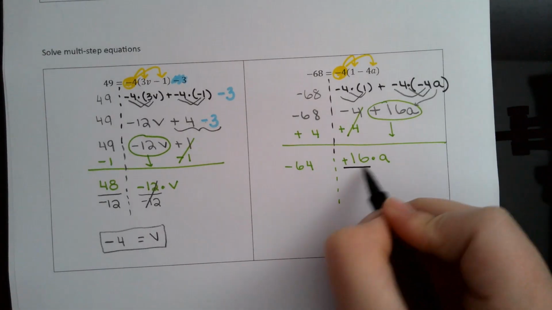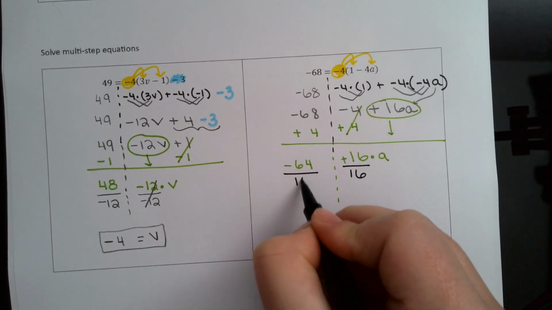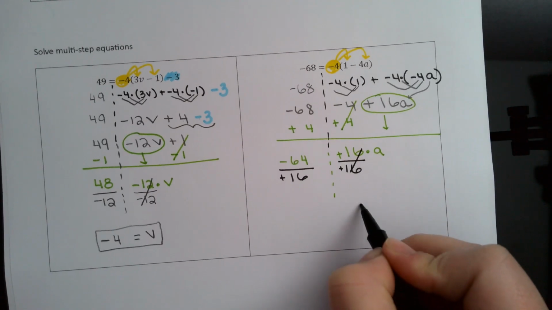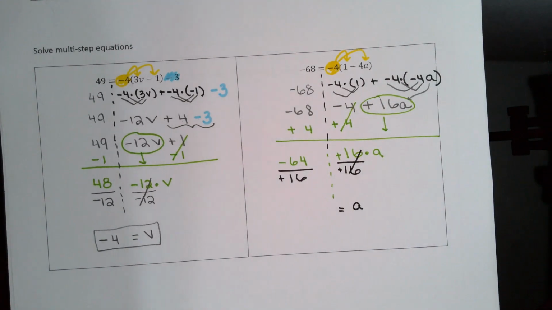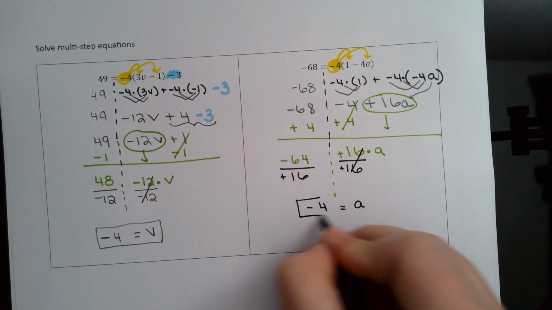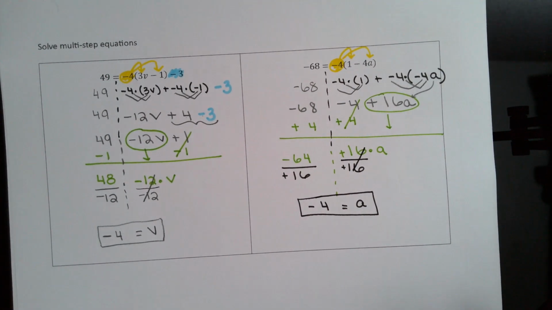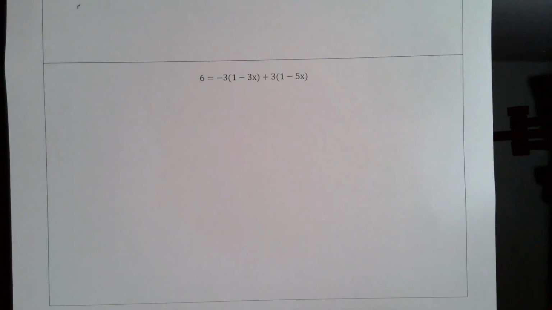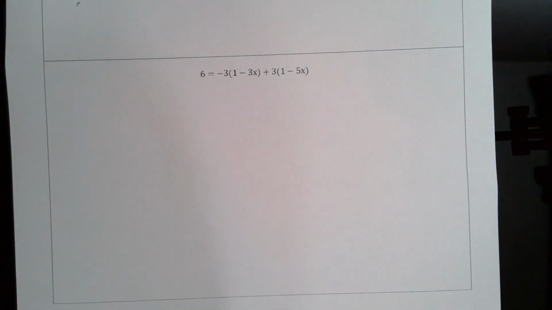We're going to divide by 16, positive. And we get negative 4. Same or different? Different means our answer is going to be negative. Okay, moving on, 2 more, and then we'll go back to question number 7.